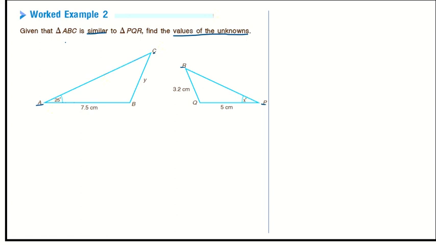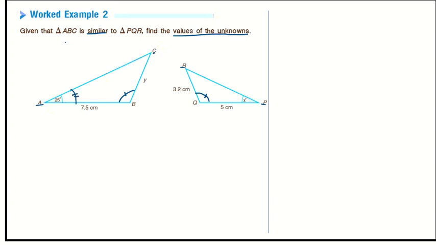That's what it means. And also we see that this is the biggest angle, ABC. So ABC corresponds with PQR. So these two angles are equal. Then you see that BAC is the smallest angle.